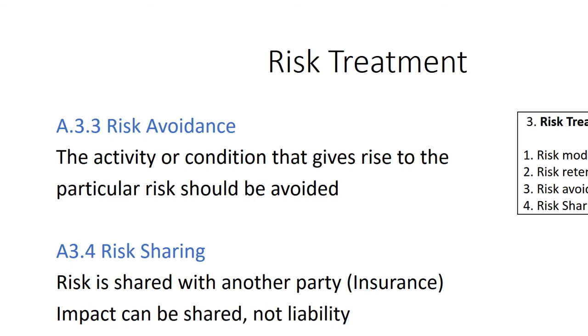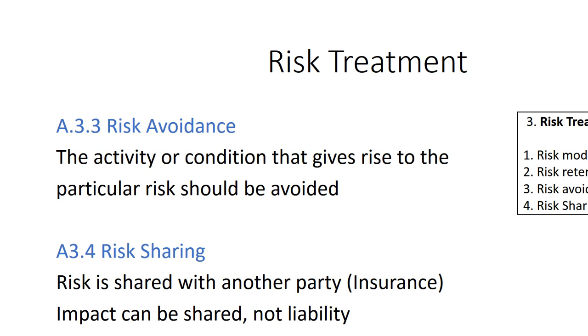We go for risk avoidance when the risk is too high and the cost of treatment options exceeds the benefit. It means that even if we apply modification, sharing, or anything else, we are still exposed to a high amount of risk. In that case, we just try to avoid that risk.